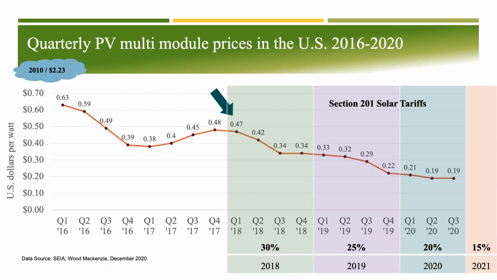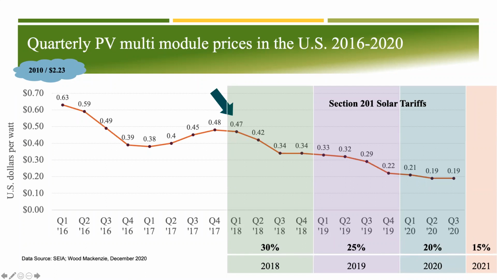So we want to make sure that we're developing supply chains to produce these technologies as well. Section 201, the solar tariffs, imposed a 4-year tariff on importing solar modules, and it's declining annually at 5%. Initially it was a 30% tariff. In 2019, it dropped to 25%, 2020, and so forth.